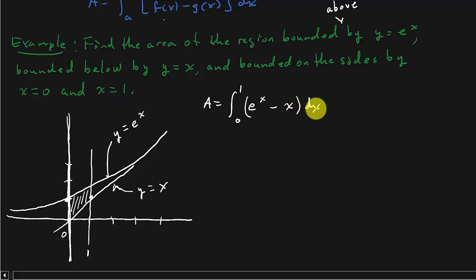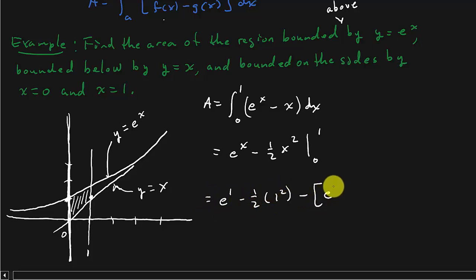dx. And so if we integrate that, we get e to the x minus 1/2 x squared from 0 to 1. So this is going to be e to the first minus 1/2 times 1 squared, minus e to the 0 minus 1/2 times 0.